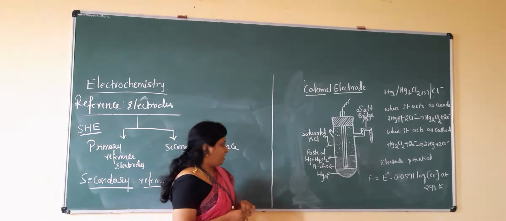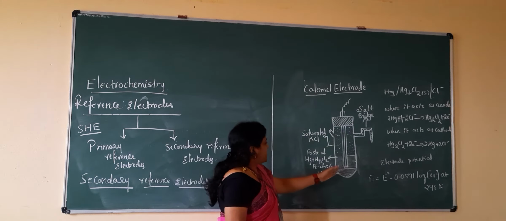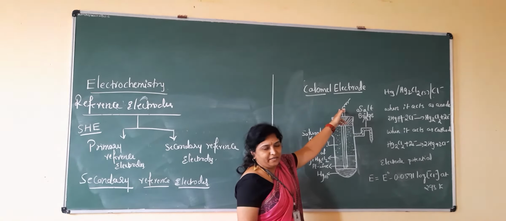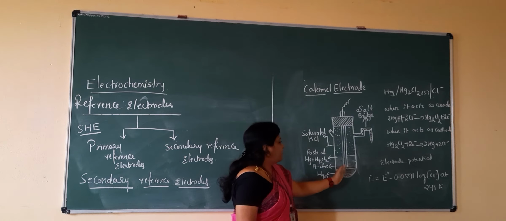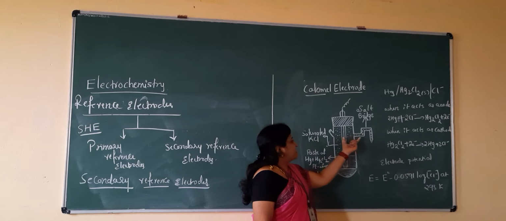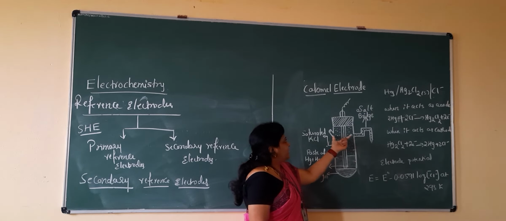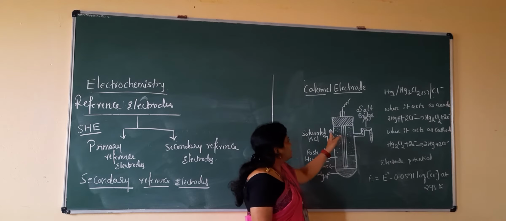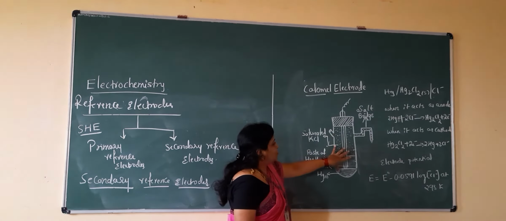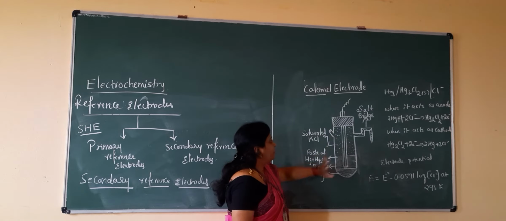In the center we have a platinum wire for external electrical contact, and we have side tubes, through which the KCl solution is introduced into the calomel electrode.